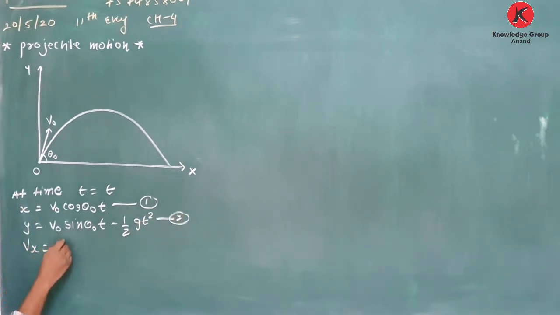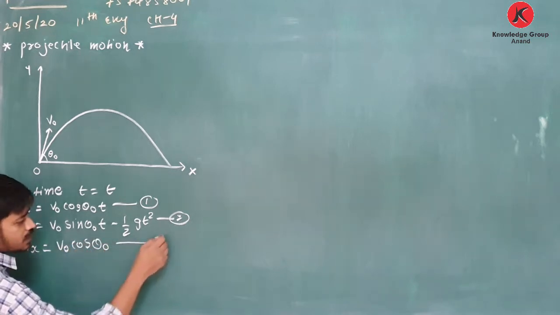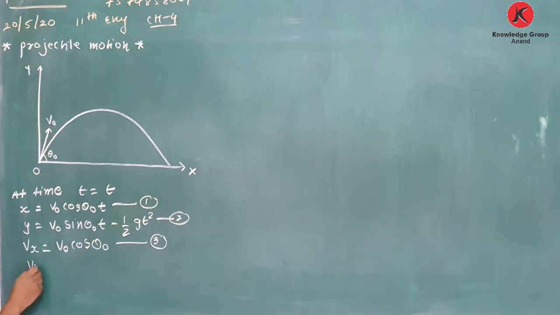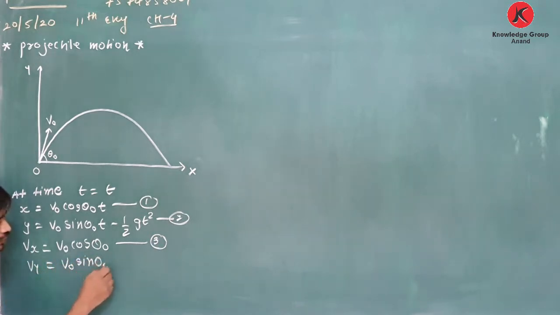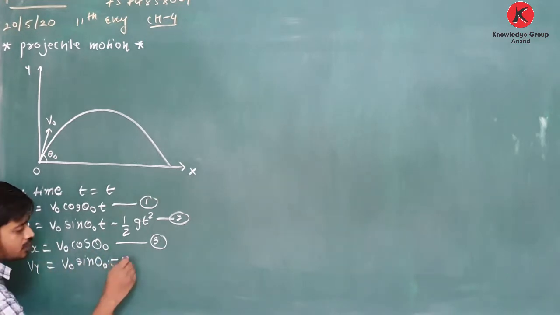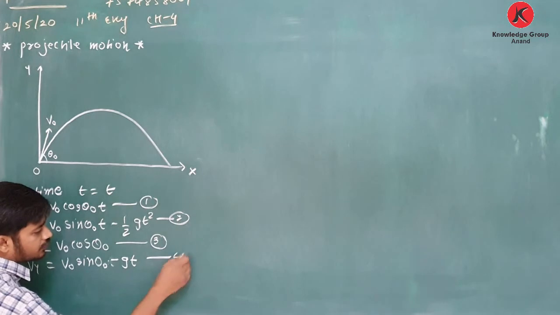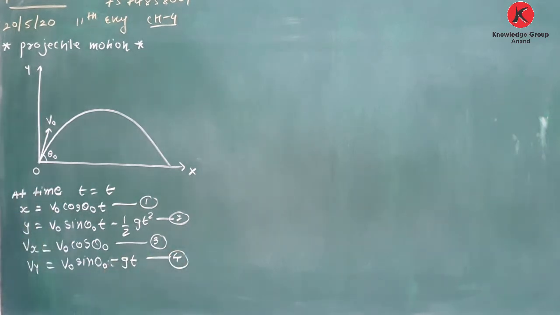Vx is equal to v0 cos theta 0, equation number 3. Vy is equal to v0 sin theta 0 minus g t, equation number 4. You have to remember these four equations.